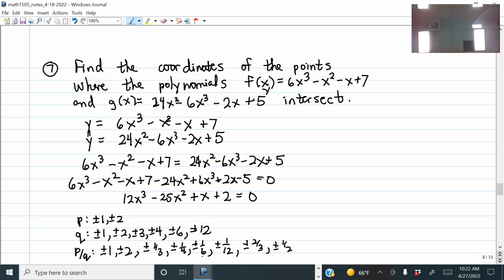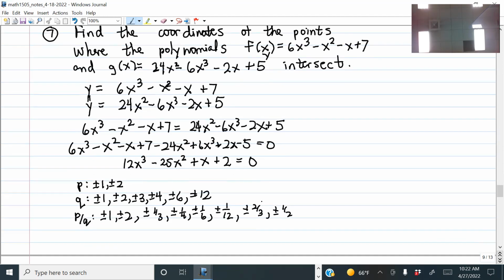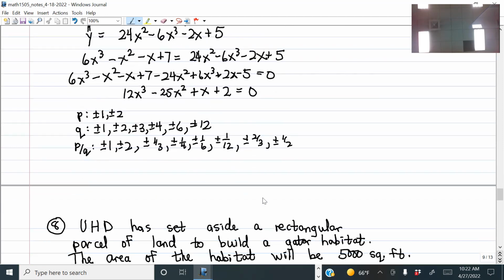Well, you've got quite a formidable list there of candidates for rational x-intercepts for this polynomial, or in other words, rational number solutions to this equation. If we can find one, though, that's really all we need, because if we find one, we're going to be able to find the other two quickly, right?